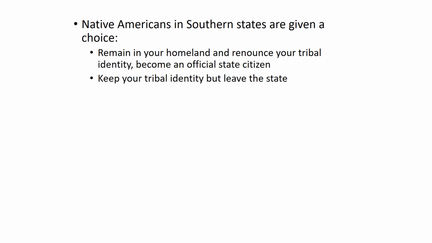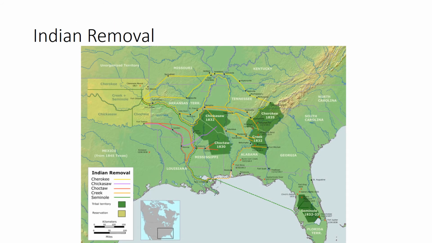So one way or another, all 5 tribes were removed to this area, and you can see there in the light green, that's their new home, their new homeland in Oklahoma. And then in the dark green, what was left of their traditional homelands. I showed you that last time, that map that showed all of their traditional homeland. This is what they had left by the 1830s.